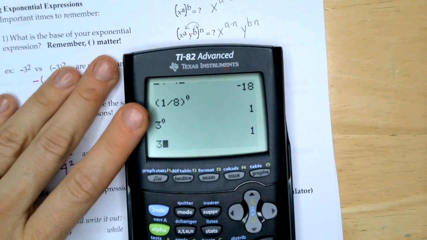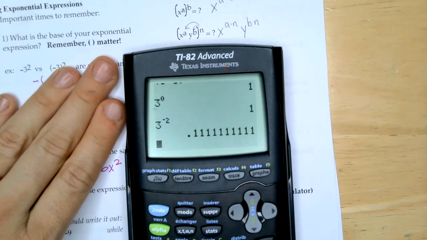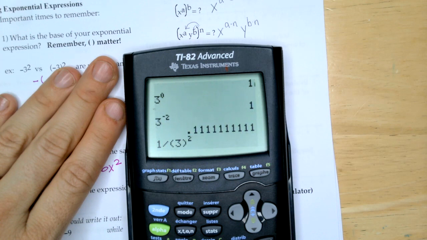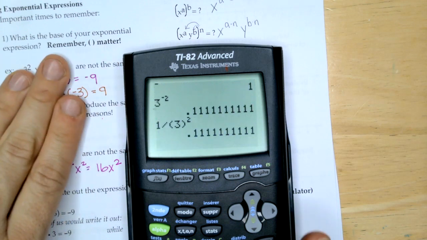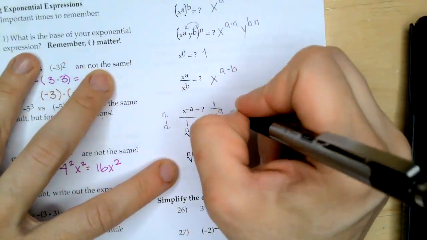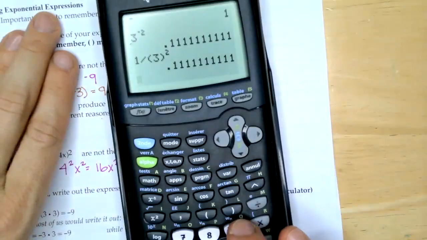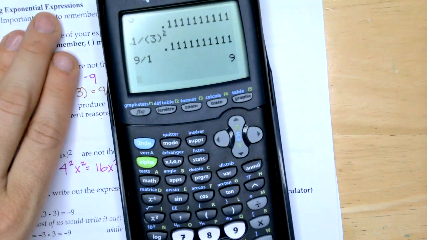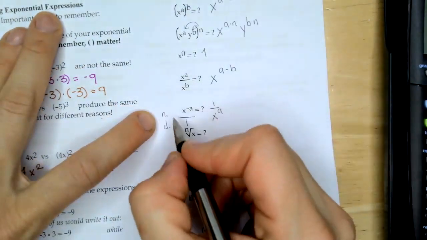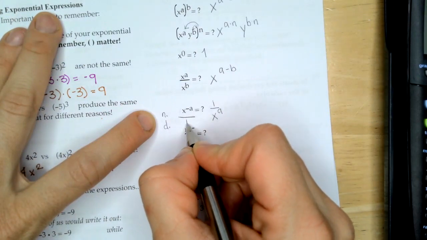So here we were doing 3 to the power of -2, looks like that. 1 divided by 3 to the power of regular 2 is that same number, okay? So it's just a rule. I put a 1 down here because dividing by 1 doesn't change the value of a number, okay? So if you need to make it a fraction so you can move it across the fraction, you just put it over 1.